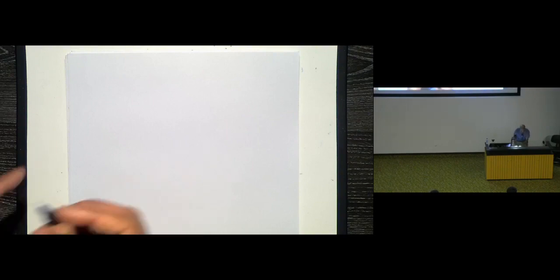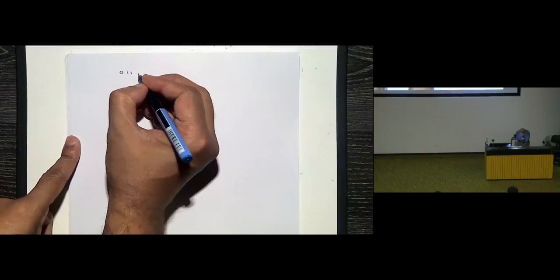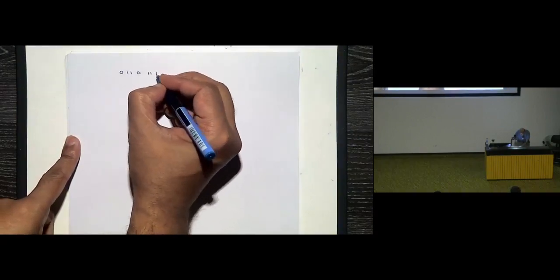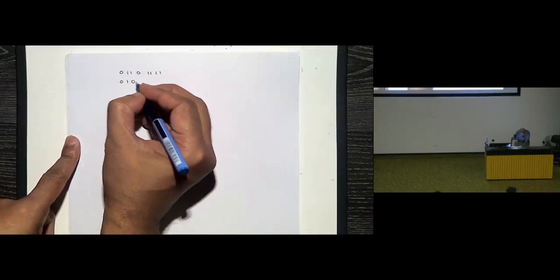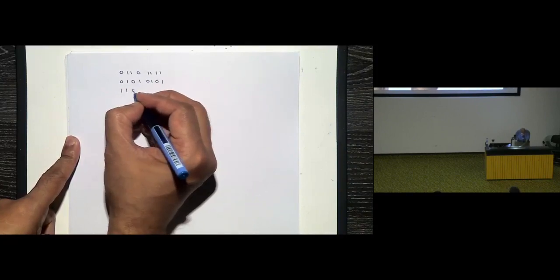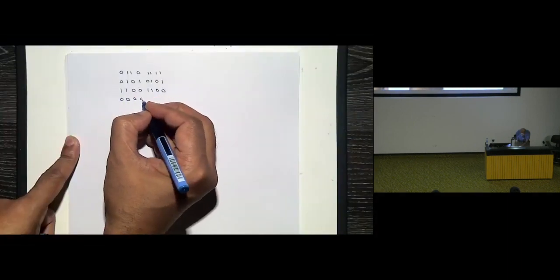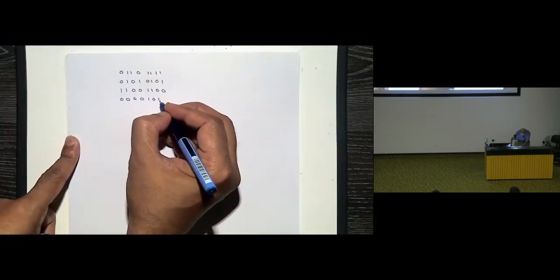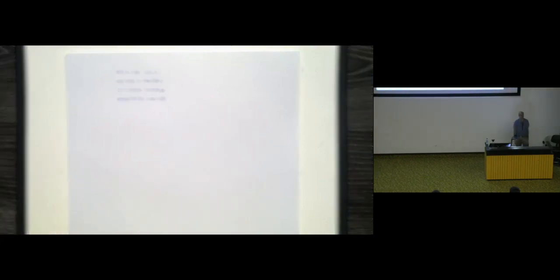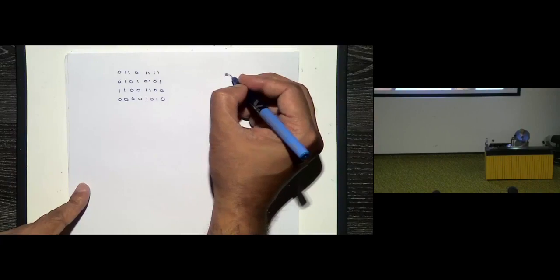Okay? So in this case, if you want to correct errors, these are your options. Let's say your data is like this: 0, 1, 1, 0, 1, 1, 1, 1. 0, 1, 0, 1, 0, 1, 0, 1. Something. Let's say these are my 4 bytes of data. And let's say we are doing even parity.